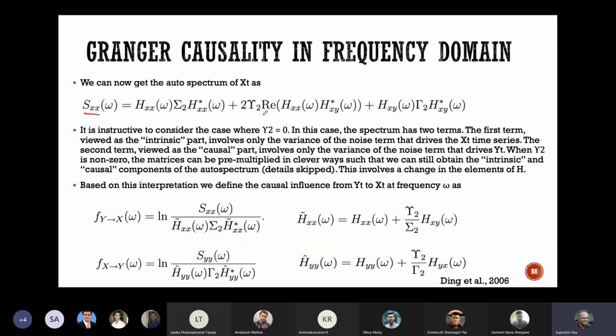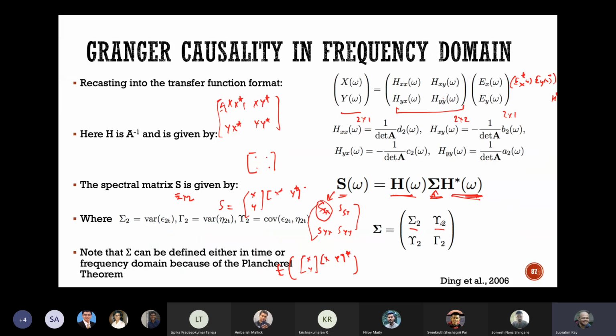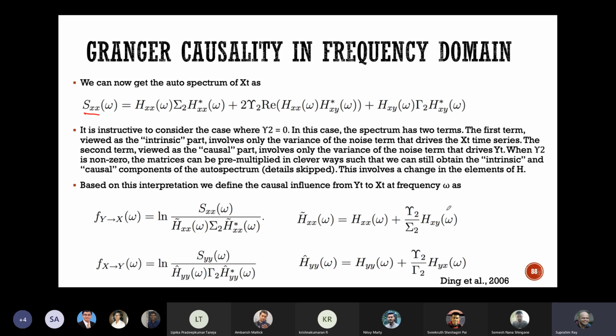Let's consider a case where this cross term, this is the cross between the two error terms, epsilon here, is 0. So this term here goes away. So I'm looking at two terms here, Sxx given by this plus that.